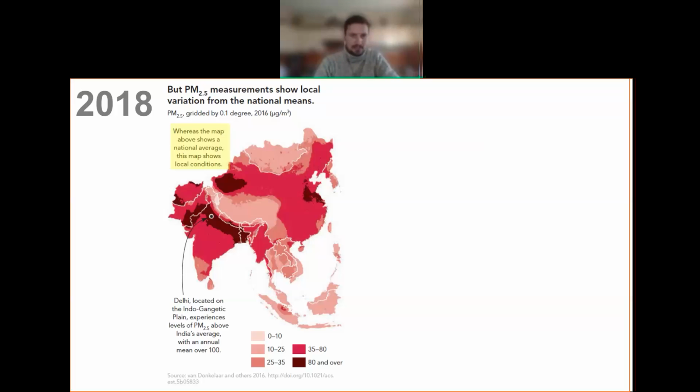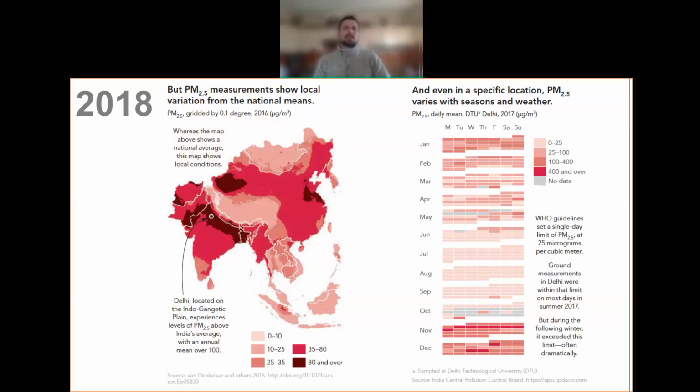That's because the next iteration of the chart will showcase not the spatial variation this time, but the temporal variation in particulate matter in that particular city of Delhi. And again, to make that link between the different charts, there is again a heavy use of targeted annotation. And so you go from that global picture of particulate matter to a regional picture, spatial variations, to really a particular location with a focus on temporal variation.